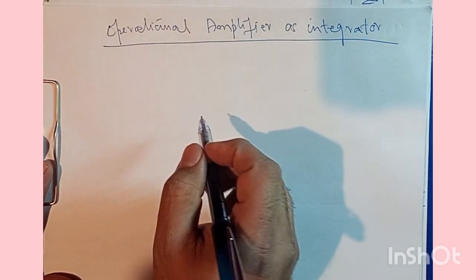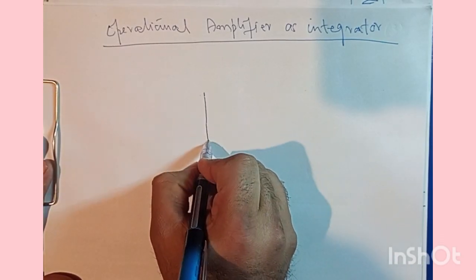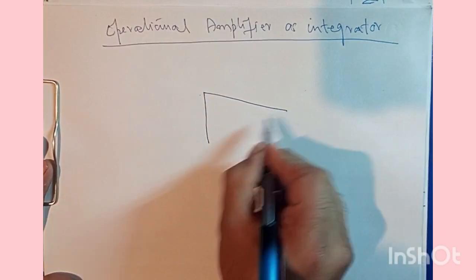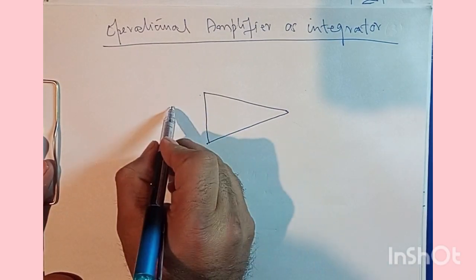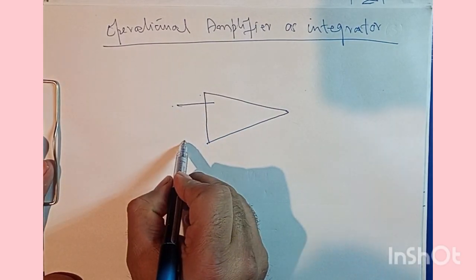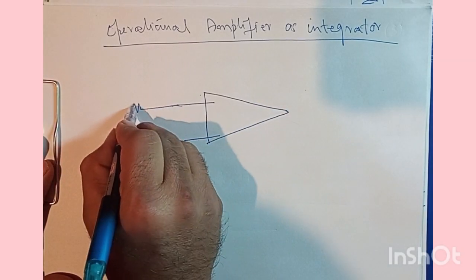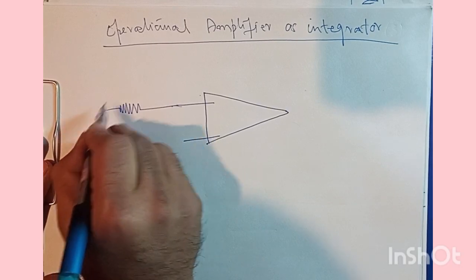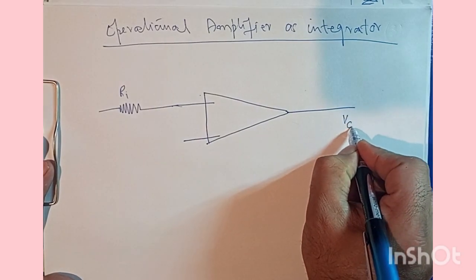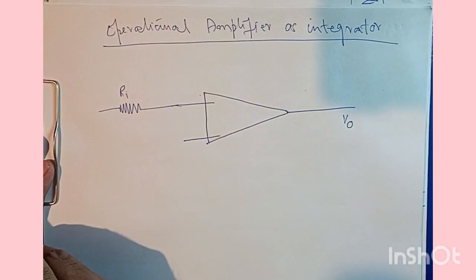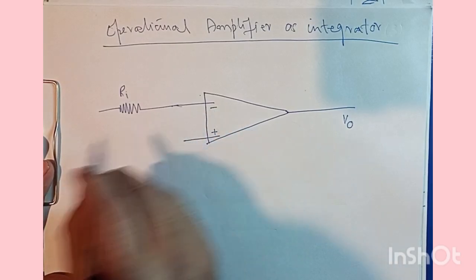In this case, we have an operational amplifier. It has two inputs, and here we have a resistance Ri, and here we have the output of this operational amplifier. This is the positive terminal and this is the negative terminal.